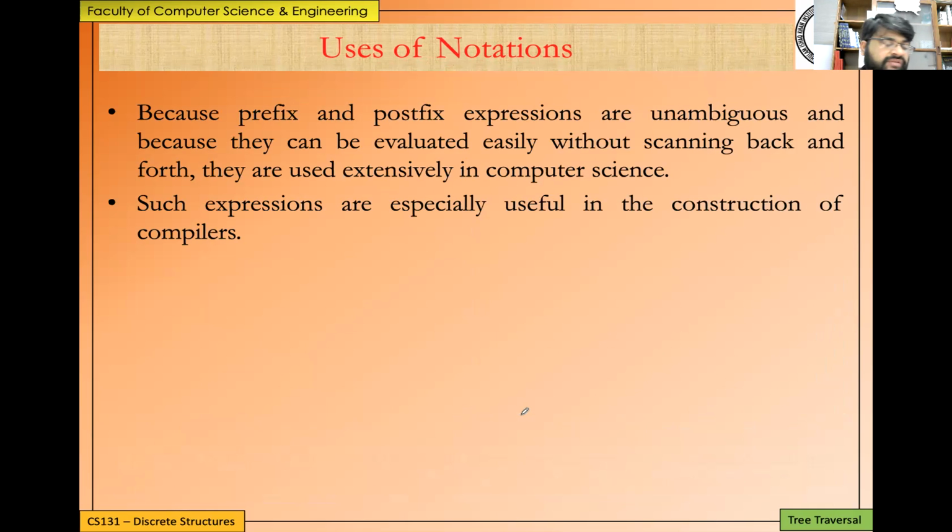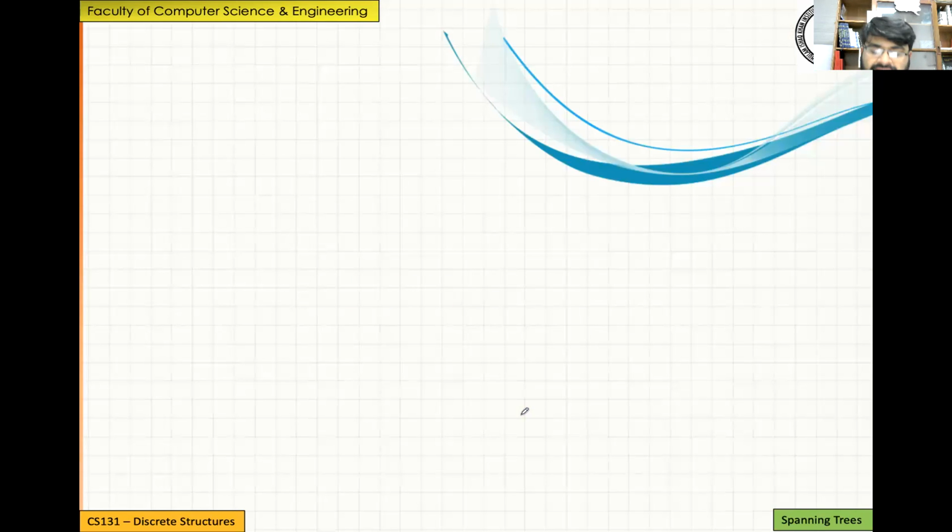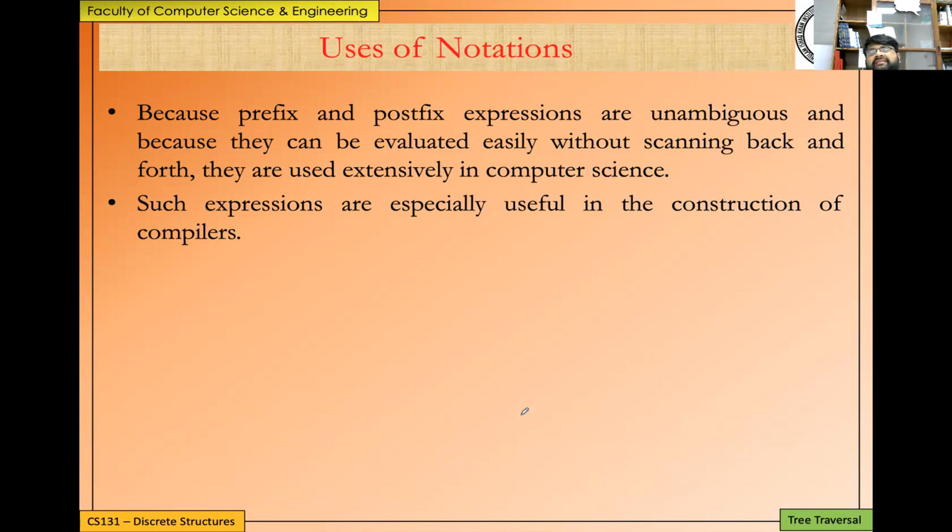When you study the course on compiler construction, computer science students are going to do that, and for them the prefix and postfix notations are very interesting and important. For humans, the infix notation is easier to use, although you might need brackets in them. That is why you'll see the use of all of these three notations in various different programs.